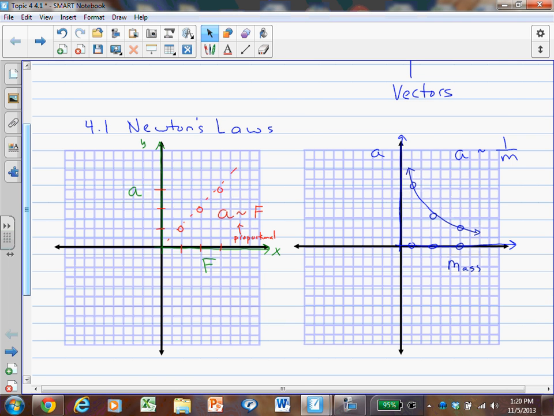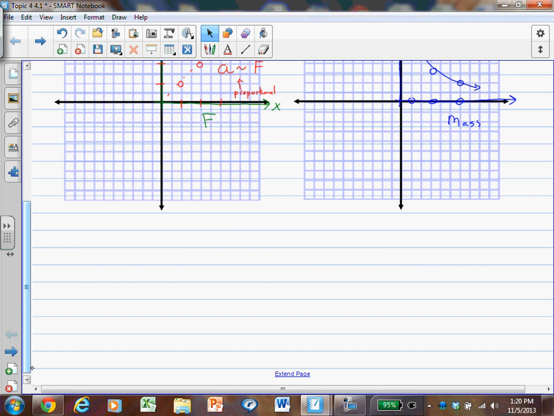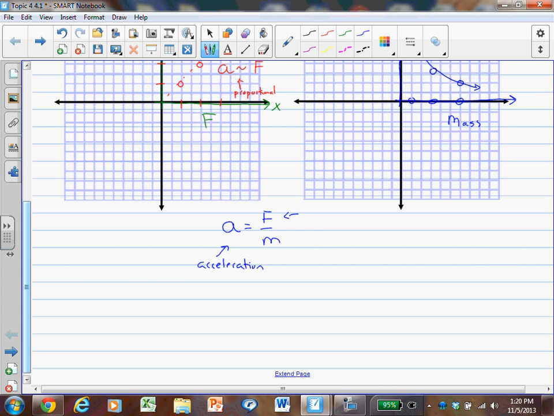Well, putting these two things together, we get the equation a equals F over m, where we have acceleration, force, and mass.